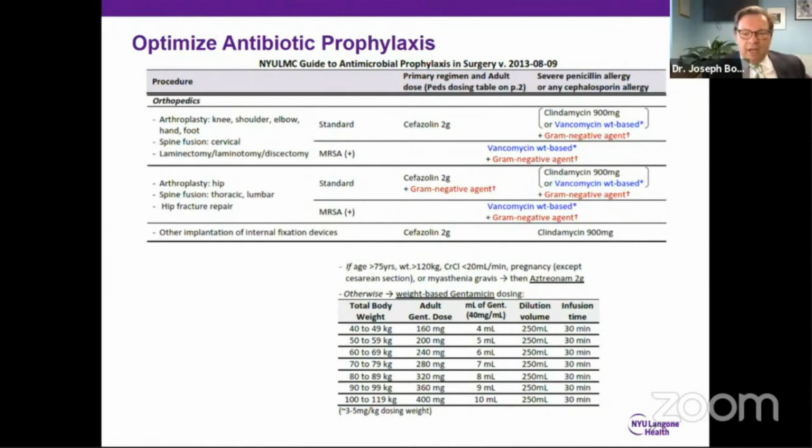For spines, we use vancomycin if they're colonized with MRSA, and for hips, as well as a gram-negative agent, high dose gentamicin. And that's our standard, as well as a second generation cephalosporin. And here's our nomogram with the seven different dosages back here at the bottom.